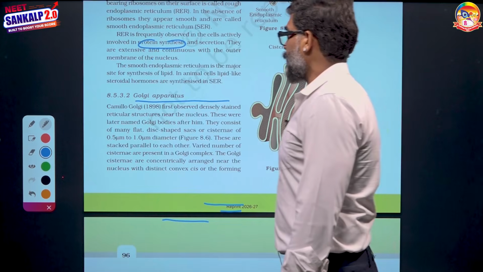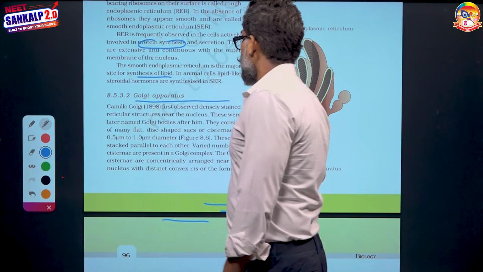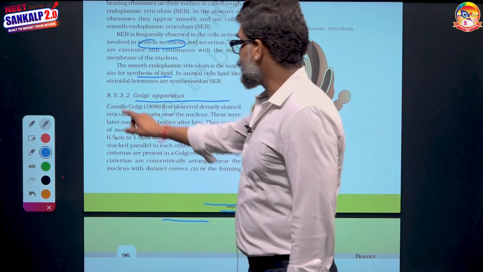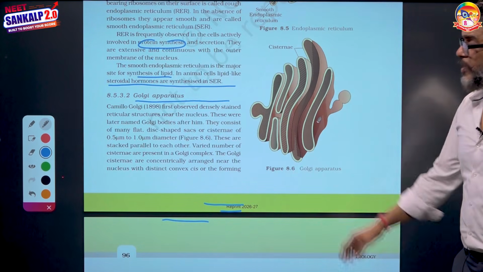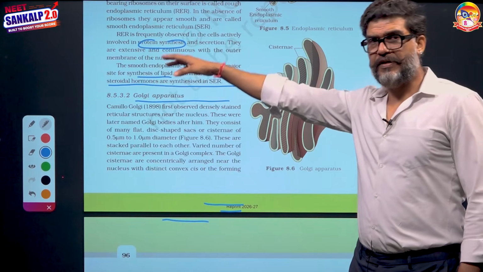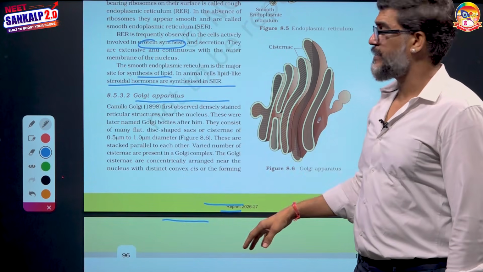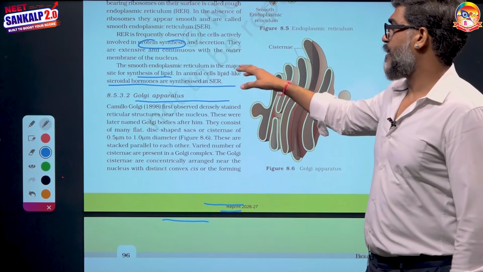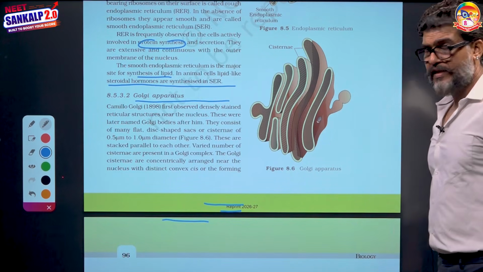Smooth endoplasmic reticulum is the major site of the synthesis of lipids. In animal cells, lipids like steroidal hormones are synthesized in smooth endoplasmic reticulum. So protein synthesis is the contribution of rough endoplasmic reticulum, while lipid synthesis and glycogen metabolism are the contributions of smooth endoplasmic reticulum.